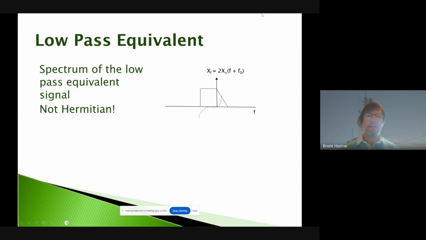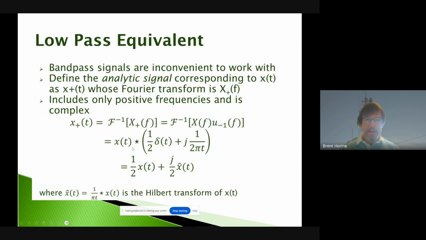So what this ends up giving us is this low pass signal, right? And so we've gone from this x of f to this x of t, along with this Hilbert transform signal.